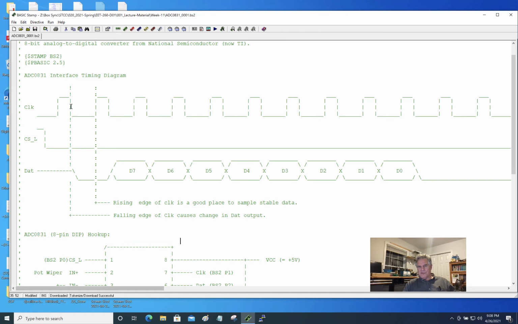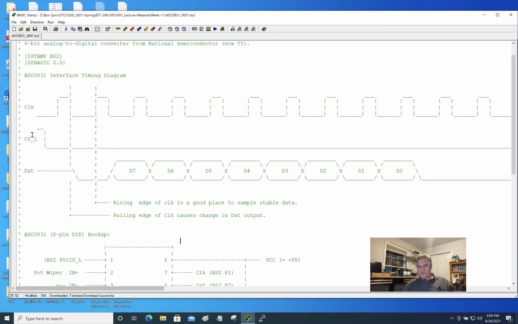So they go from state to state to state, and the state transitions happen either on the rising or falling edge of the clock. In the ADC0831, the falling edge of the clock causes a change in the DATA output.